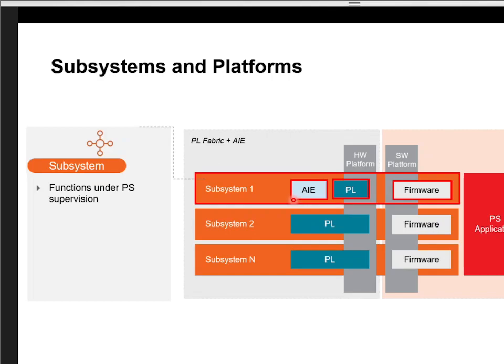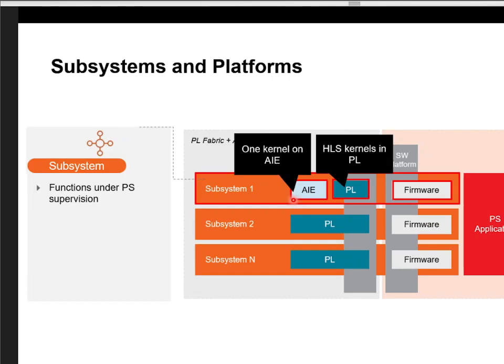When you attend the Versal AI training course, you will notice that all the connections and all the applications will be called via graph. And graph is nothing more than the interconnect between the processors. So we will have one AI kernel and we will have one HLS kernel. An AI engine kernel in a C++ program will be targeting an AI engine, while if we have an HLS kernel, the target will be the programmable logic.